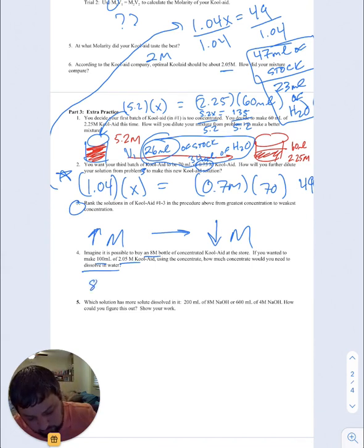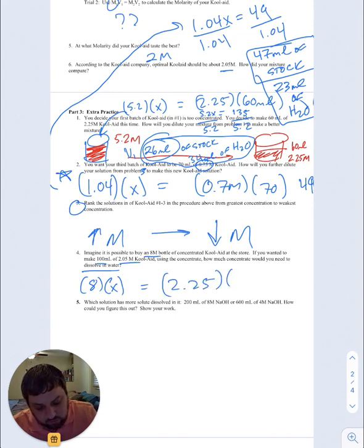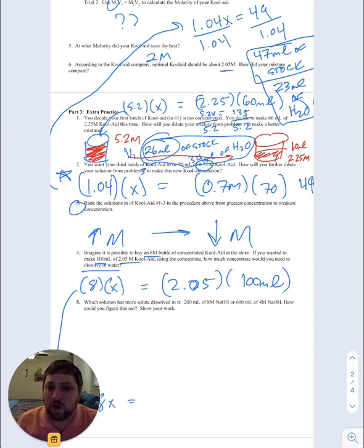Our M1 that we're starting with is 8. Again, we don't know how much of it we're going to use, but what we do know is that we're going to end up with a 2.05 molar solution, and we want 100 milliliters of it. So again, now we do the math. So I'll bring this down here, and we can see 8x is equal to 100 times 2.05.